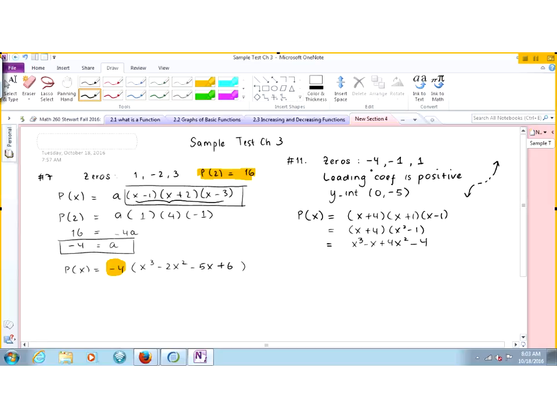Unless your graph is wrong here, the zero is not negative 4, but negative 5. So there is a little bit wrong here with the graph. The zero is supposed to be negative 5, right? But if you substitute 1 or negative 1 into the function, you get 0, but not negative 5.